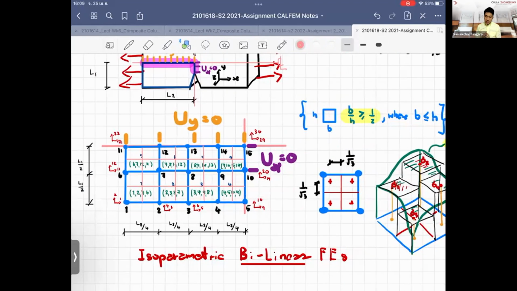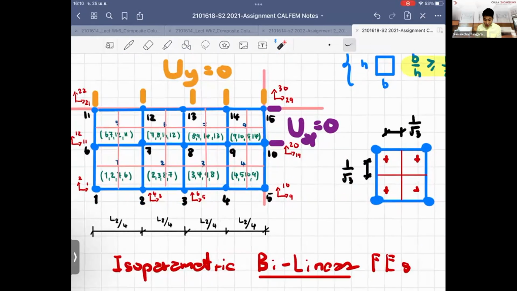So once we do this, what happens? It will split the number of elements from 8 to become 32. How do we get 32? Because each of the elements can be subdivided into 4. So you use 8 times 4, you get 32, right? And if you're not satisfied enough, you can split more.